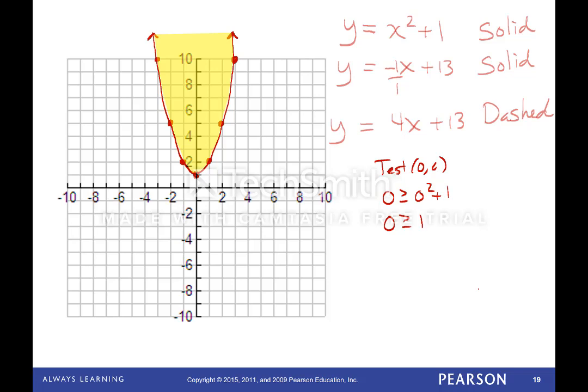All right, let's go to the next one. The next one is a solid line. It starts at 13, so I actually have to go up 1. That's going to be 11, 12, 13, right there. A little bit above the shade, but I understand the shade does extend higher and higher. Now we have a slope that's negative 1 over 1, so 1 down, 1 to the right, 1 down, 1 to the right.